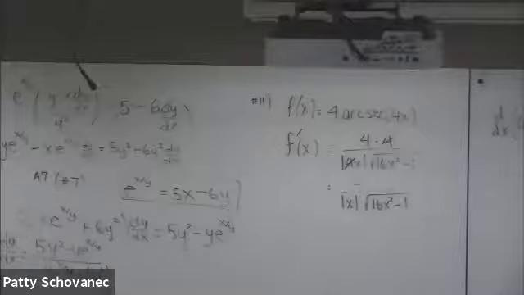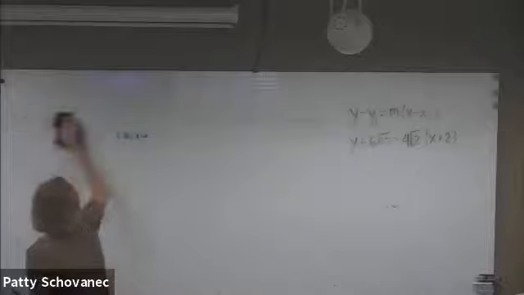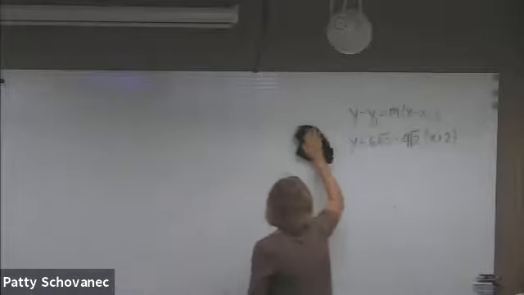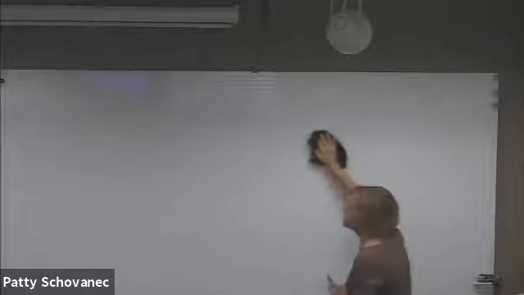Cool. Okay, let me go back to the other board. Okay, now remember in the related rates problems, both x and y are functions of time. So we're taking the derivative with respect to t.